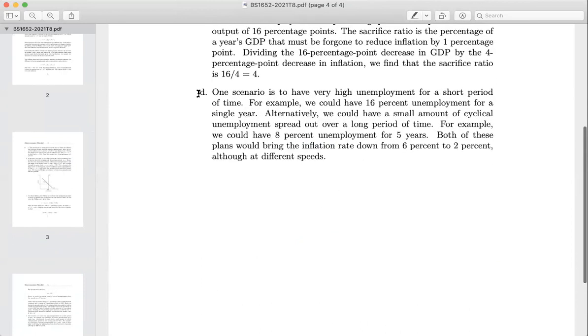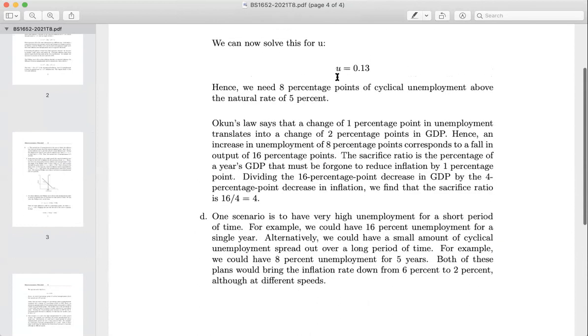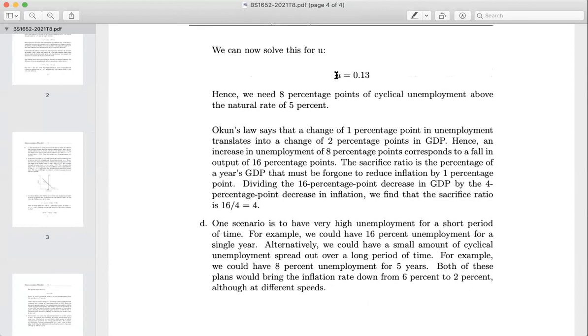So, sorry, 13%. When you have an unemployment rate at 13%, and we know that the natural rate of unemployment is 5%, something we calculated in point A, then the difference between both will give us the cyclical unemployment rate. The cyclical unemployment rate here is the deviation of the unemployment rate from its natural rate.